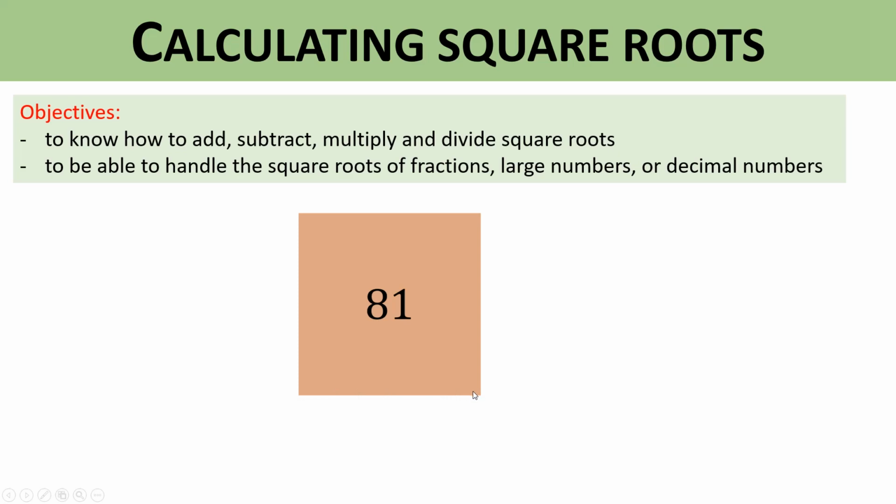So if I multiply that number by itself, I get 81. So of course that number in this case is going to be 9. So that means the square root of 81 equals 9. So usually when you have very simple numbers, what you're looking for is this. You're going to look for a number that if you multiply it by itself, you get back your original number.